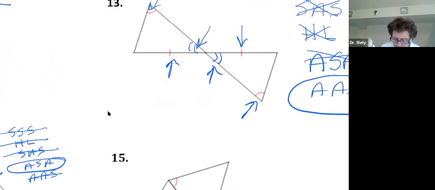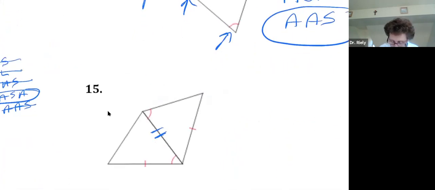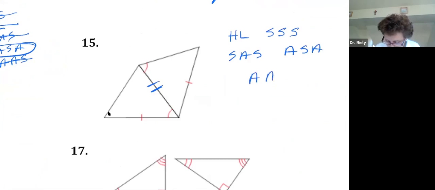So angle, side, side is not an option. I would list out your options. HL, side, side, side, side, angle, side, angle, side, angle, and angle, angle, side. Those are your options. So what can we eliminate?